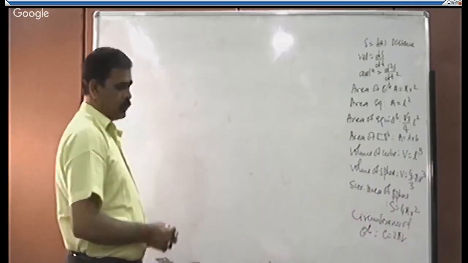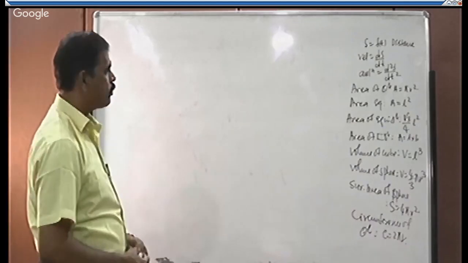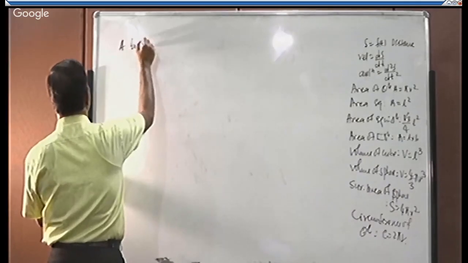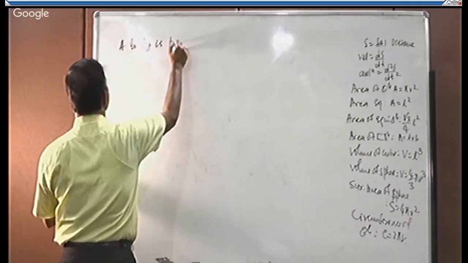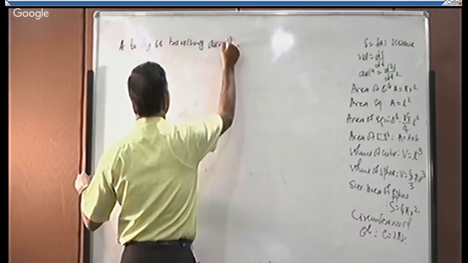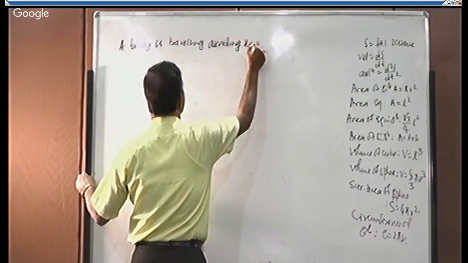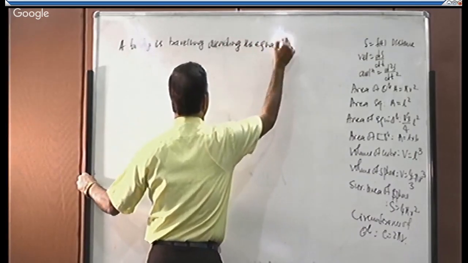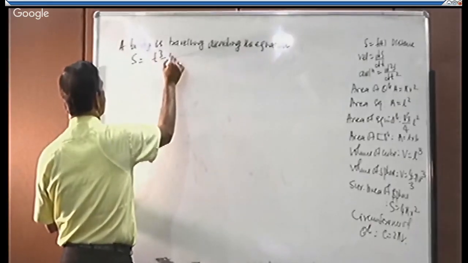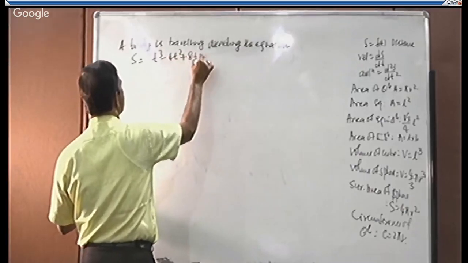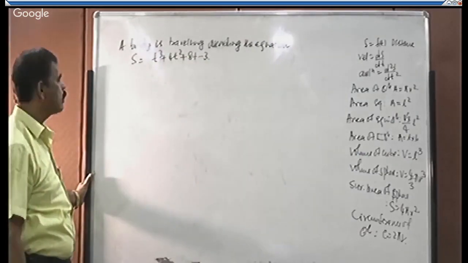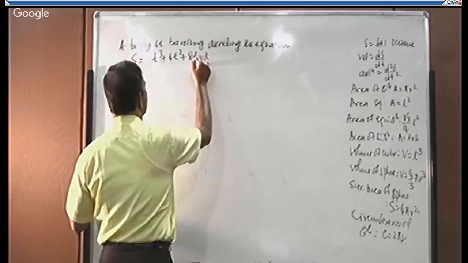Right? So based on that, let us work out two examples. A body is traveling according to the equation S is equal to t cube plus 4t square plus 8t minus 3.